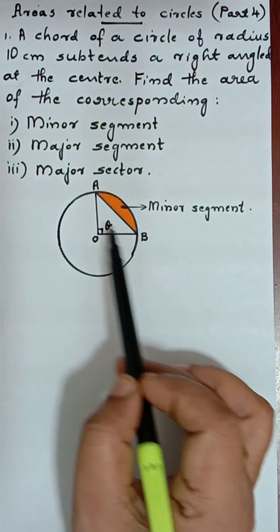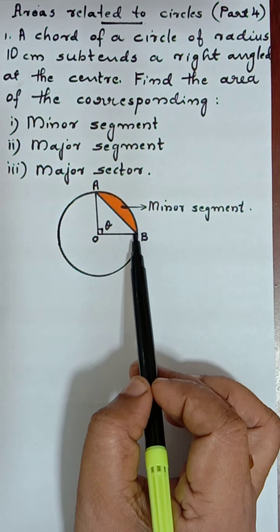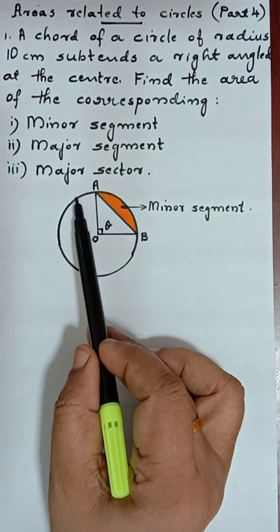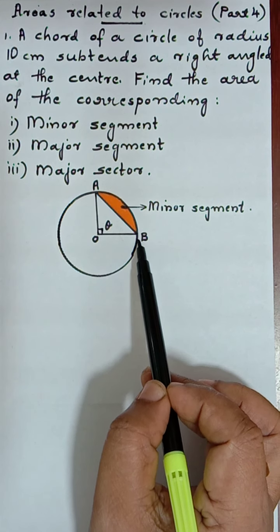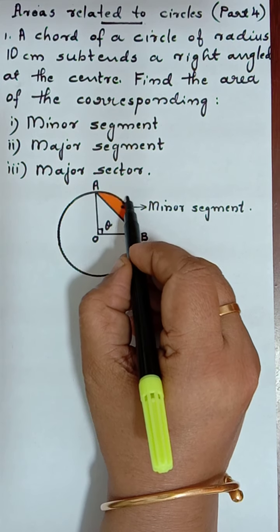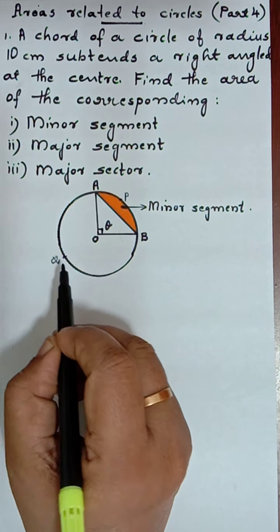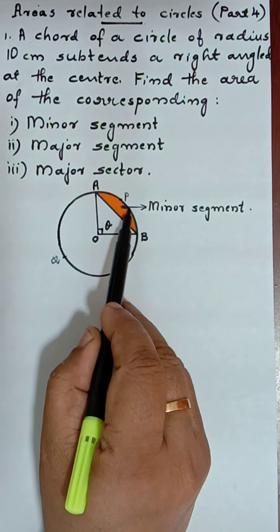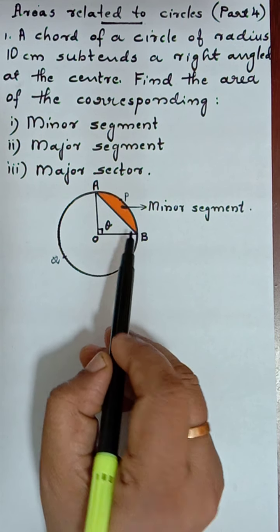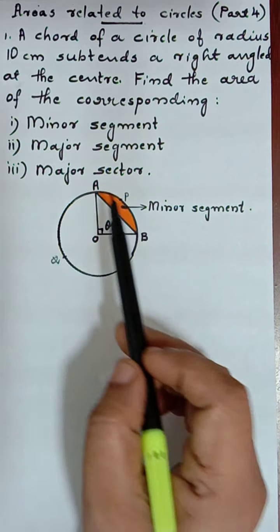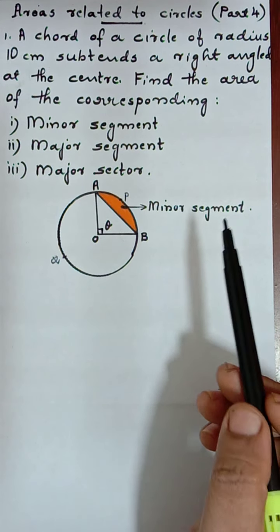So here radius with the arc. This is called arc. Here AB is a minor arc. Here this AB is a major arc. If I mark it as a point P here and a point Q here, I can call APB a minor arc. AQB a major arc. Okay, so major sector here we have to find out.